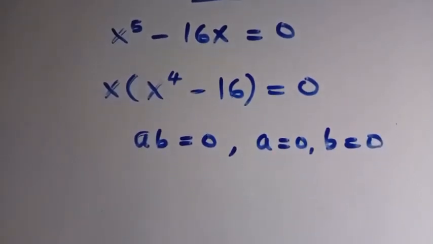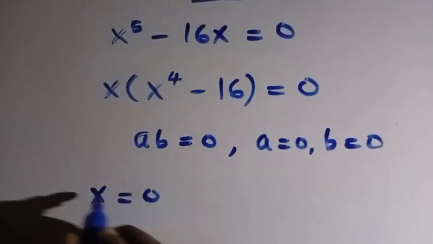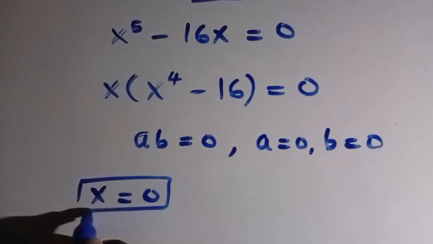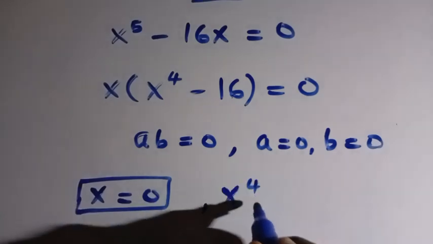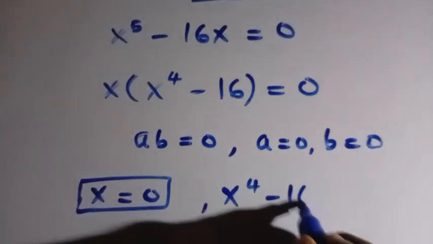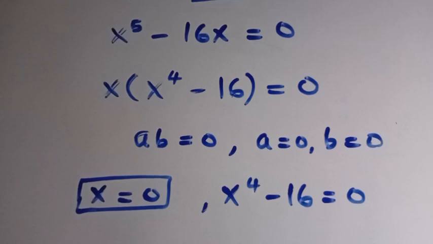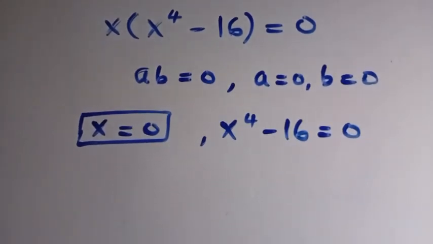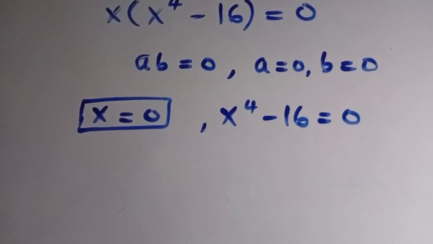Considering this, we have x equals 0, and also we will have x to the power of 4 minus 16 equals 0. So we have to solve x raised to the power 4 minus 16 further and get the other 4 solutions.